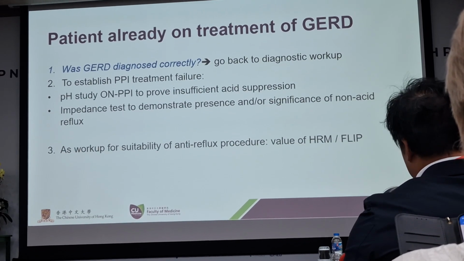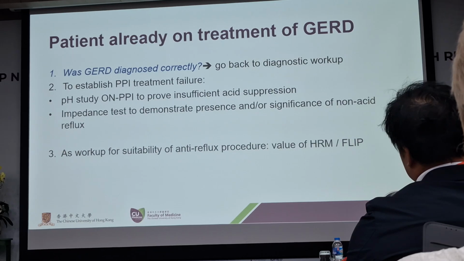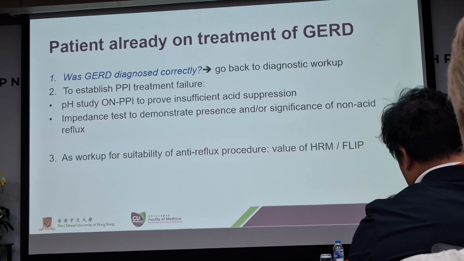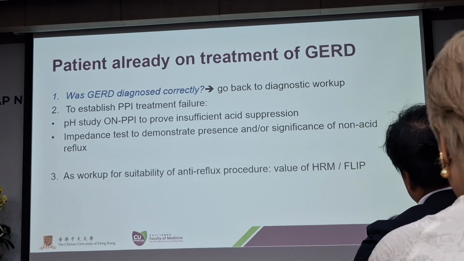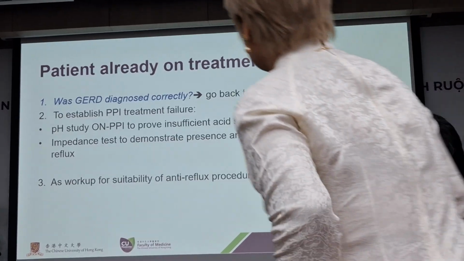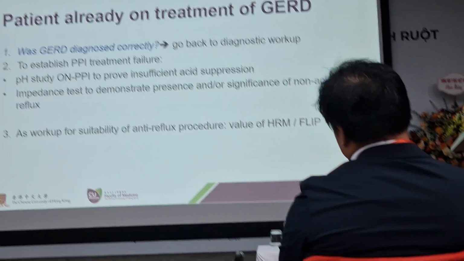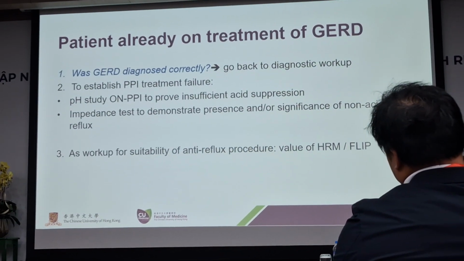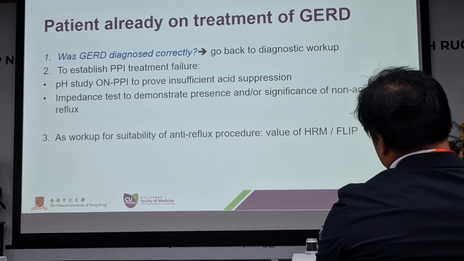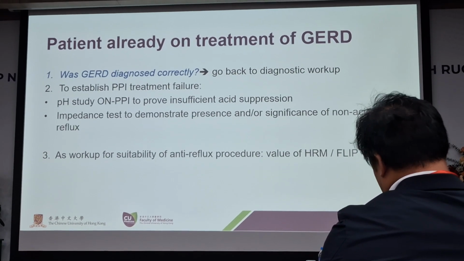Now, if the GERD is already adequately diagnosed but the patient has refractory symptoms, in those rare cases you might want to examine whether the patient has PPI treatment failure. Only in those cases do you want to do the pH study while the patient is on PPI. But I think those cases will be relatively rare.